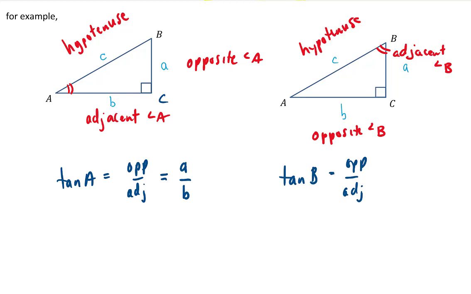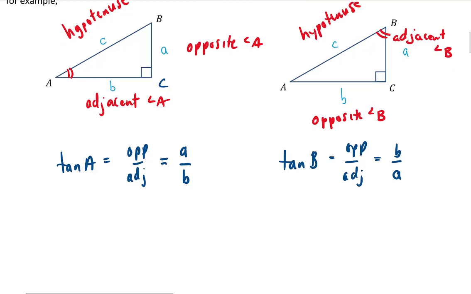So the tangent ratio would be side a divided by side b. If we're looking for the tangent of angle B, the opposite this time is b, and the adjacent side is a. So this time if we take side b divided by side a, we get the tangent ratio, the ratio of opposite over adjacent.